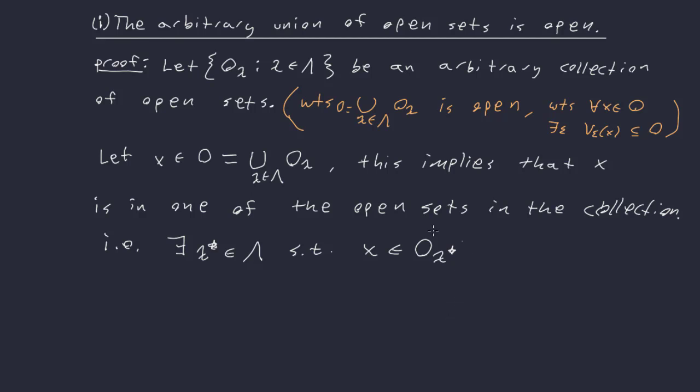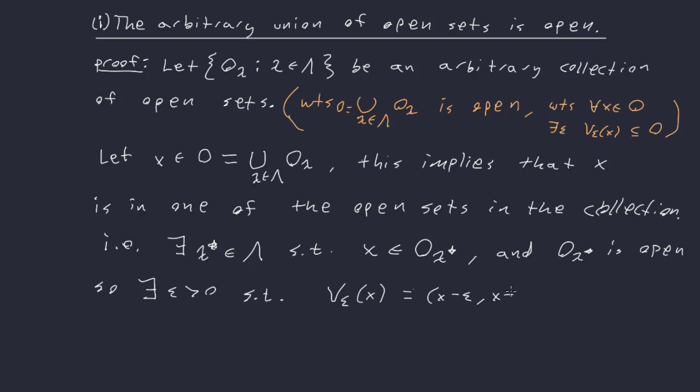All right, well, if this is true, we know that this O lambda star is open, so there exists an epsilon greater than 0 such that the epsilon neighborhood around x, which is equal to x minus epsilon to x plus epsilon, is completely contained in O lambda star.